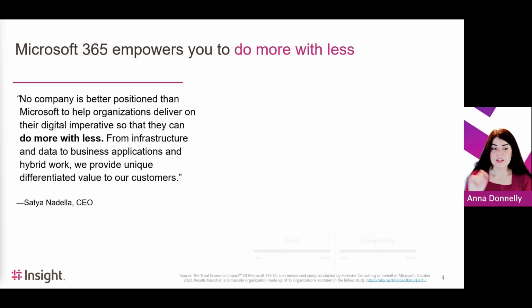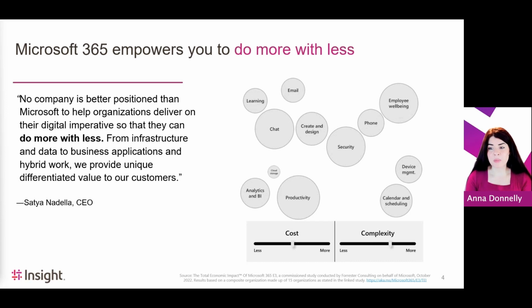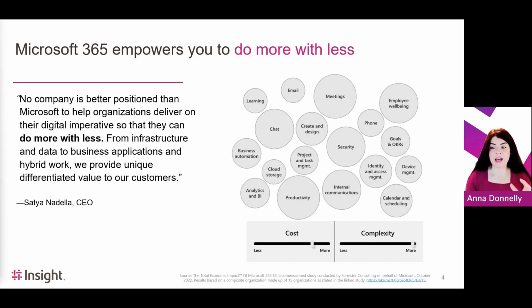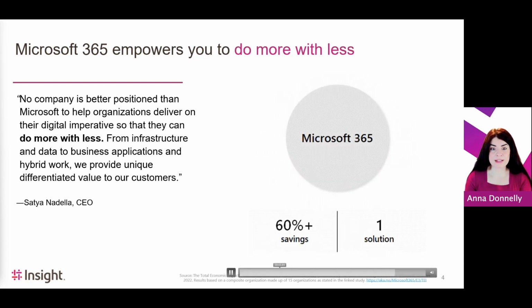If you have all of these different disparate solutions, it adds complexity to an already complex solution. But Microsoft 365 allows you to do all of these things through an integrated solution that allows you to save on licensing costs. And what Microsoft is telling us through their Forrester study is that you can save 60% in your licensing costs if you're taking advantage of everything that's there.